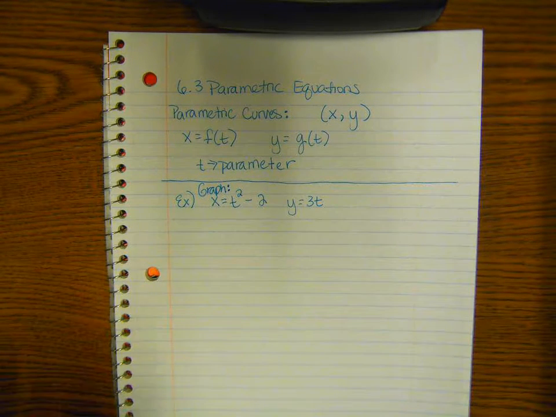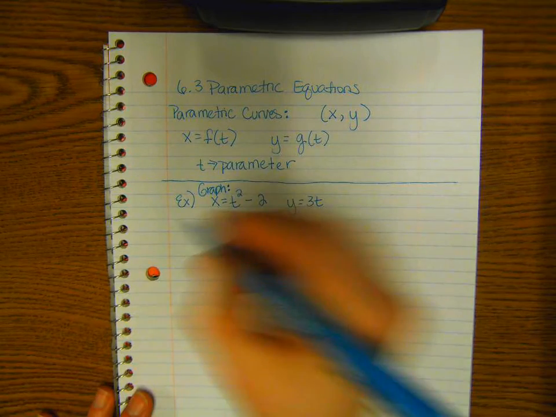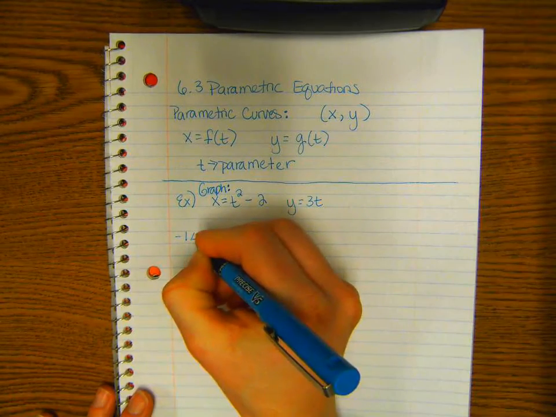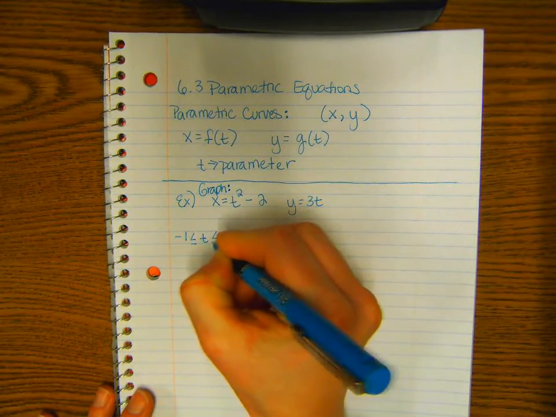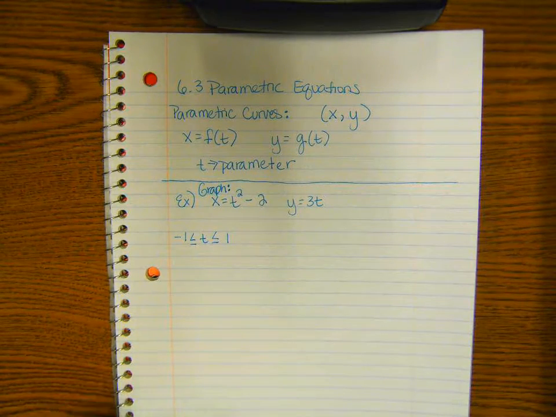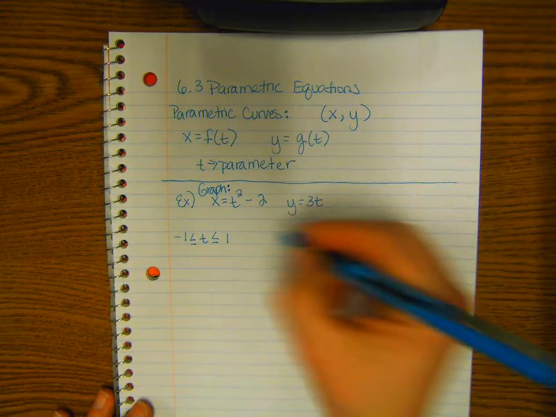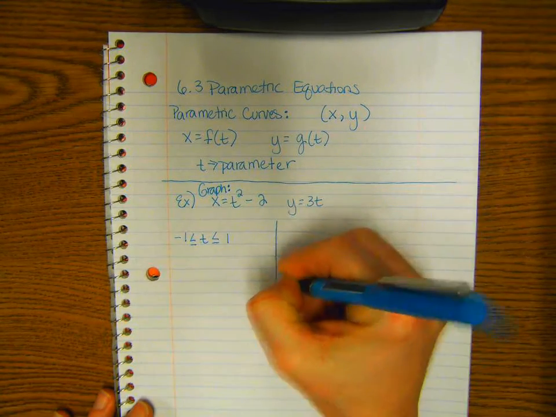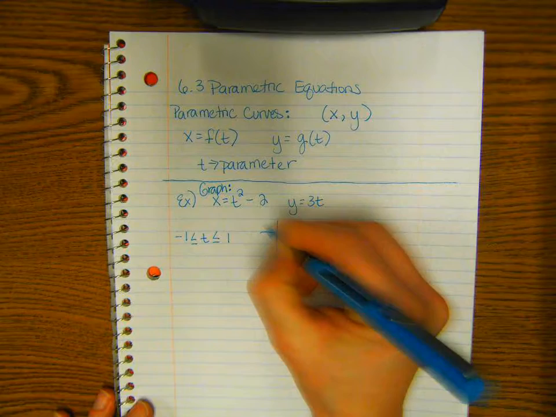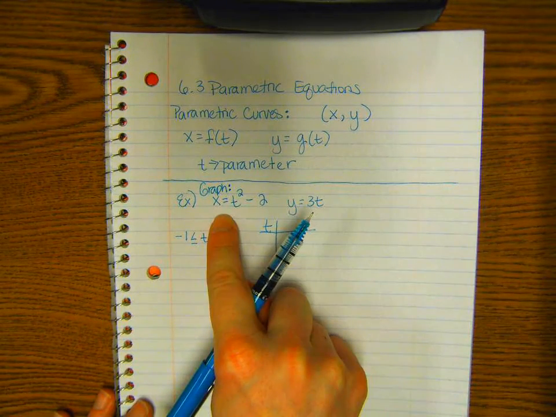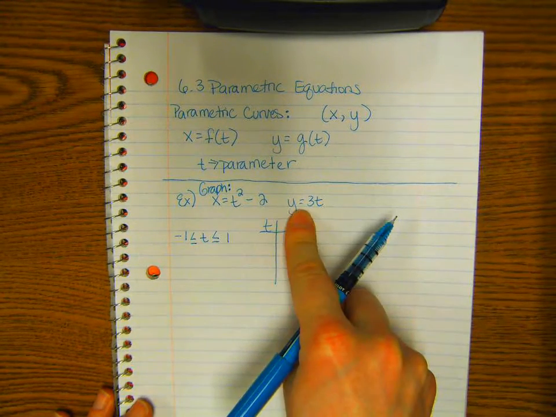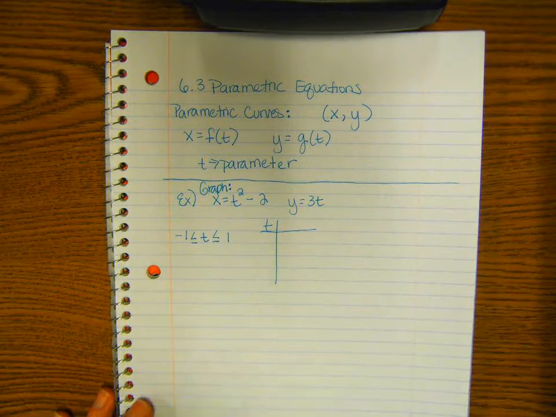I'm going to say let's graph it for -1 to 1. And I'm going to just use a scale of 0.5. We plug in our t into x to get the x coordinate, and then we plug it into y to get the y coordinate. So let's say I started with -1.